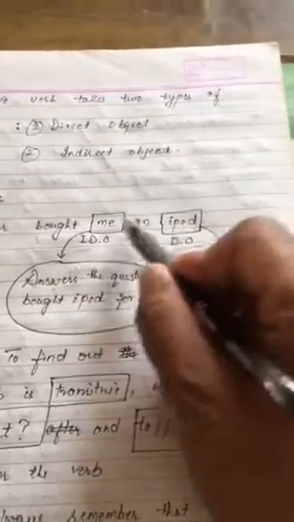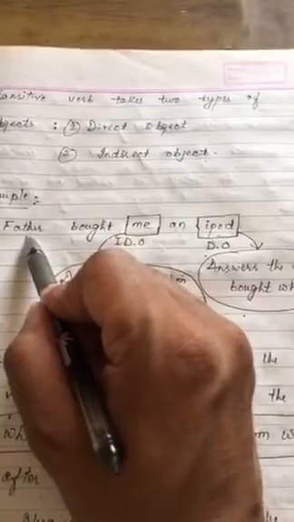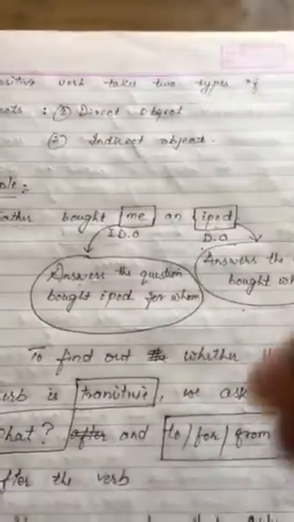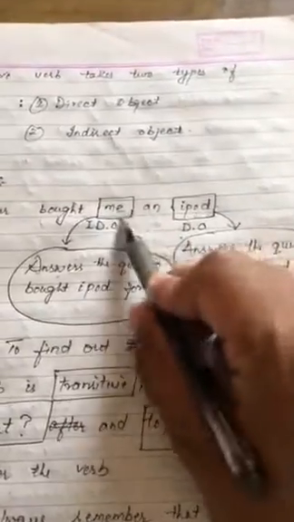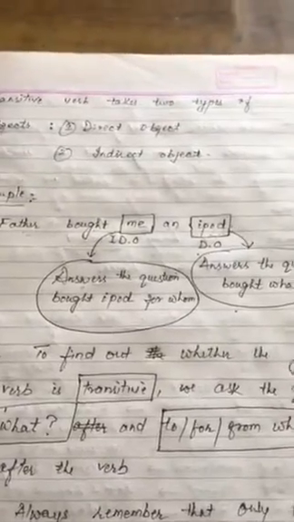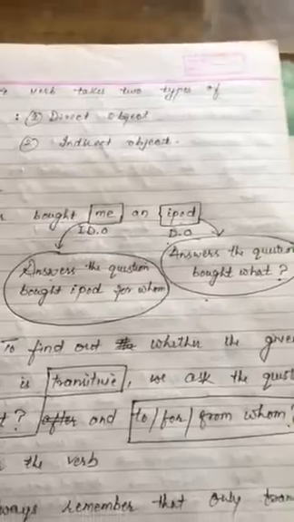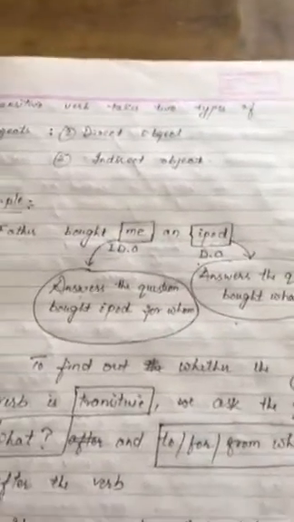These are the two objects of this sentence. Father is your subject, bought is your main verb, and me and iPod are the two objects of this sentence. Now try to understand which one is the direct object and which one is the indirect object.